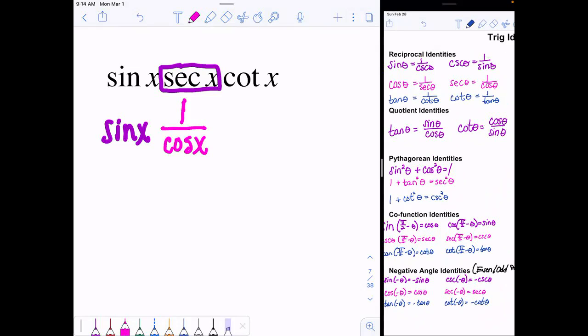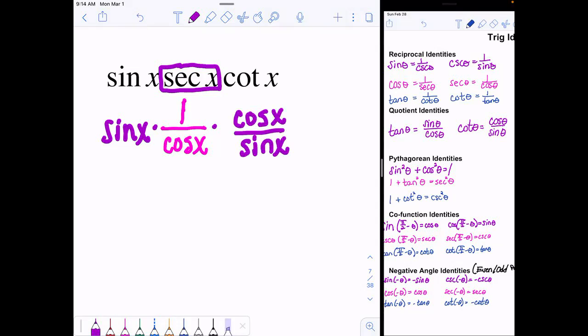Cole, let's now look at cotangent. What can we change cotangent to, Cole? We can make it 1 over tangent. What else can we change it to? We can change it to cosine over sine.